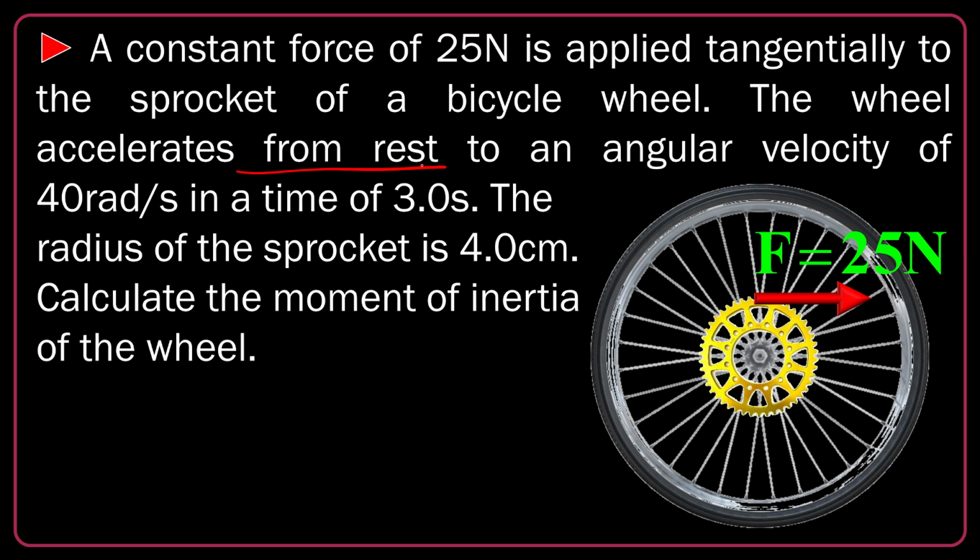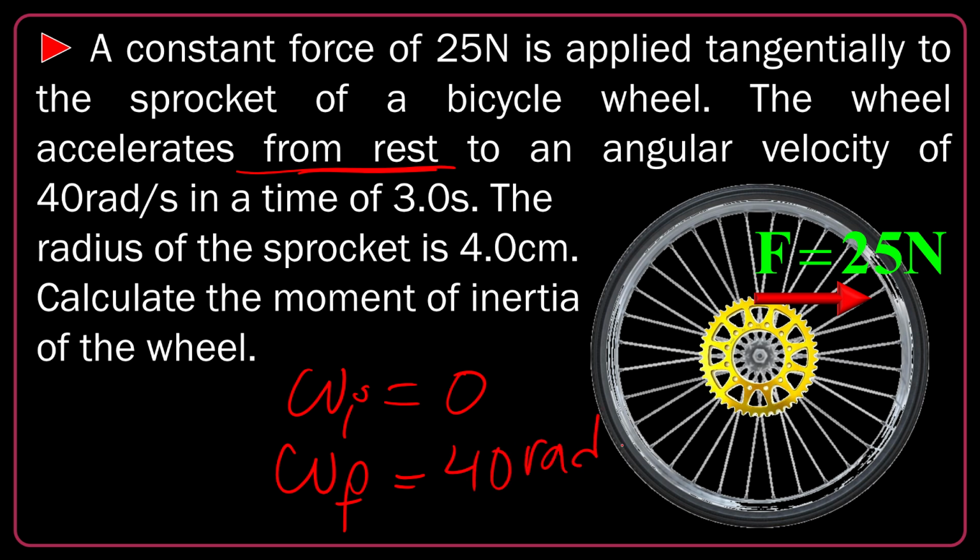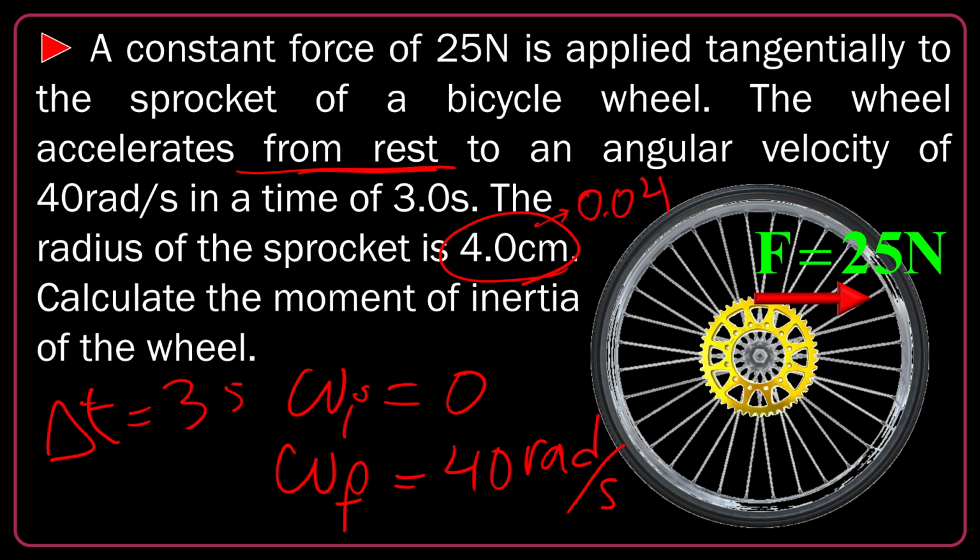From rest means that omega initial, the initial angular velocity, is 0. Finally, omega final is 40 radian per second, in a time of 3 seconds. So delta t is also given. The radius of the sprocket is given, but it's not in SI unit. It's 4 centimeter. We will convert it to 0.04 in SI.